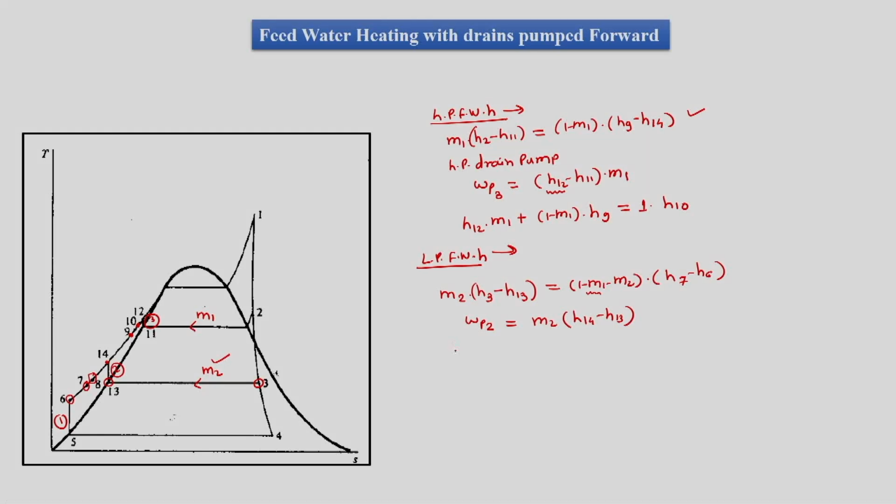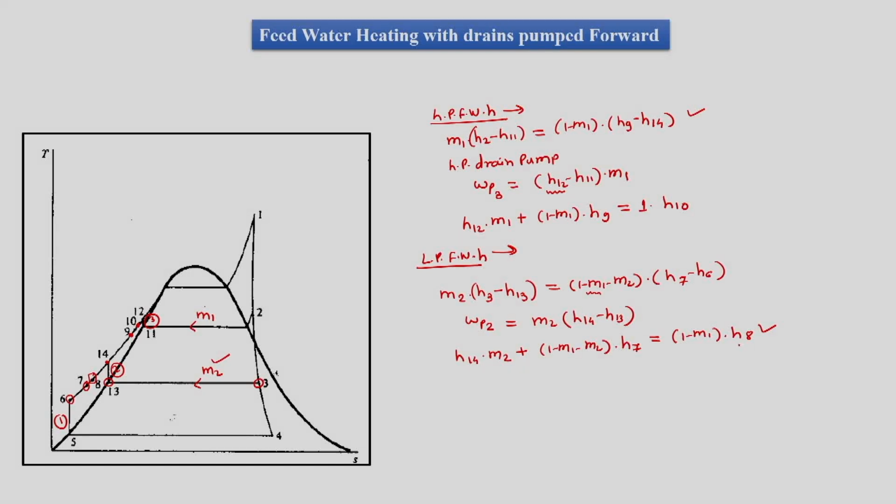Then this enthalpy 14 of mass M2 is mixed with 1 minus M1 minus M2 mass of liquid water at enthalpy 7, and then we have 1 minus M1 mass at enthalpy 8. So this is the energy balance we can obtain.